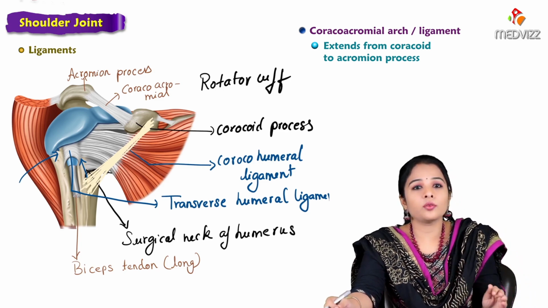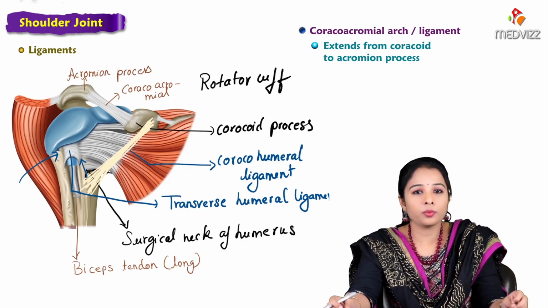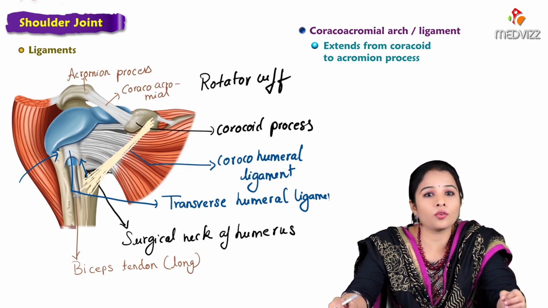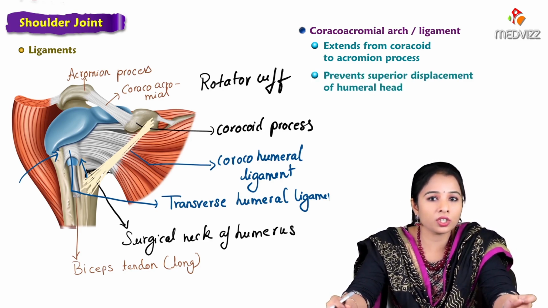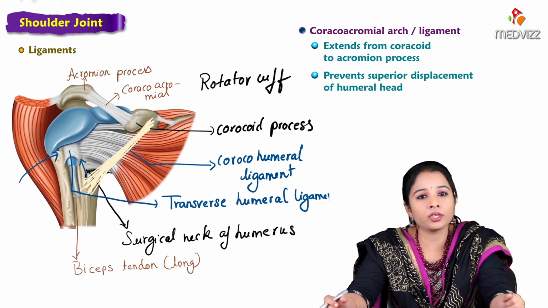It forms a secondary socket for the glenohumeral joint, preventing the superior dislocation of the head of the humerus.